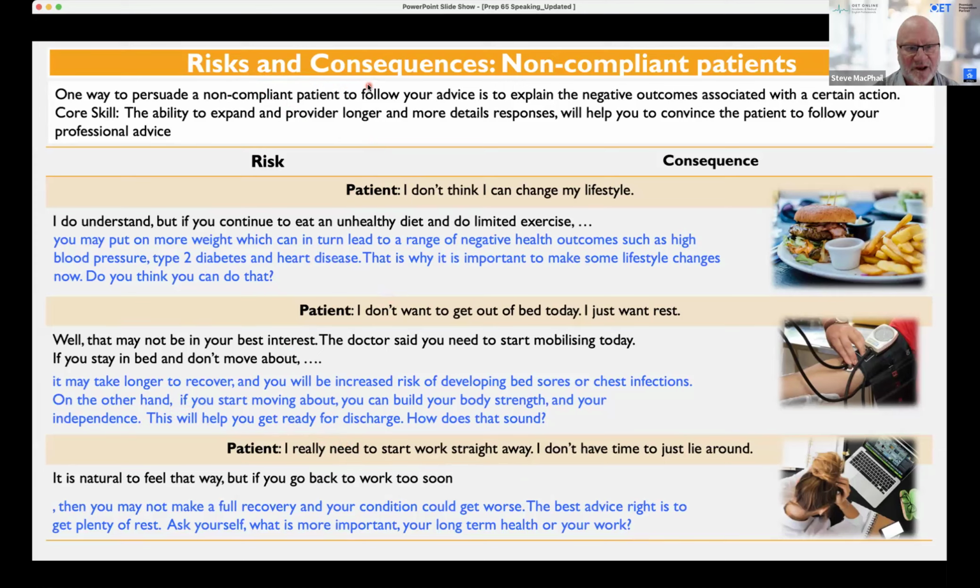Remember, as health professionals, you're in charge of the communication, and this is a real skill that comes up on many of the role play scenarios that you could face in the OET exam. Practice is the key. If you develop this skill, you'll be really improving the effectiveness of your clinical communication skills.